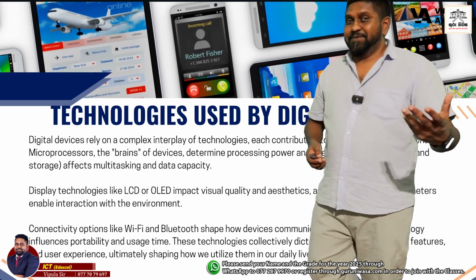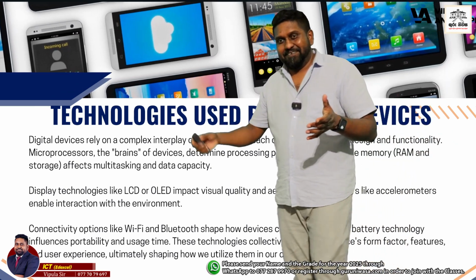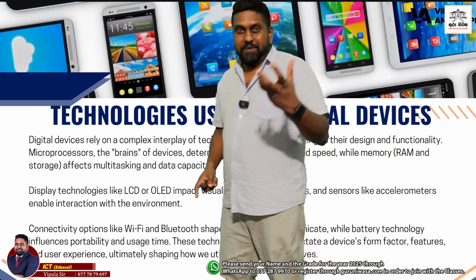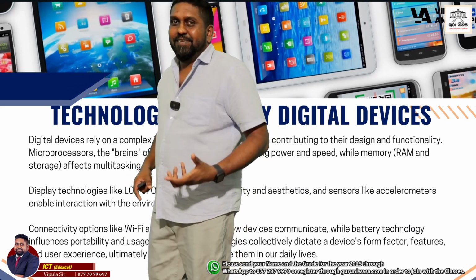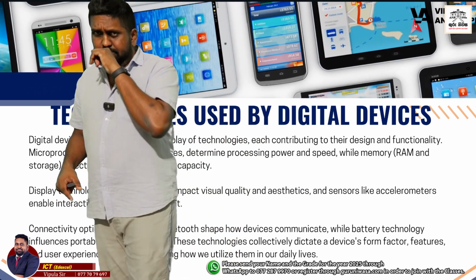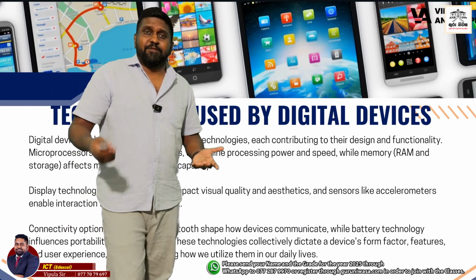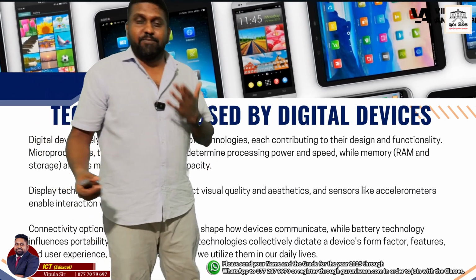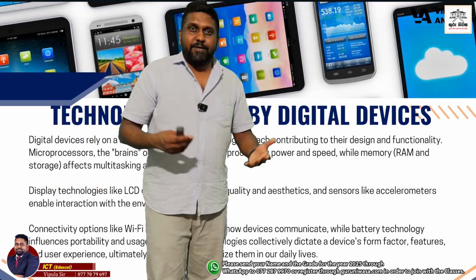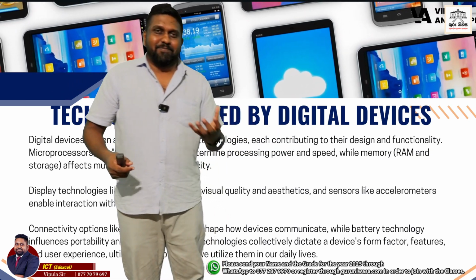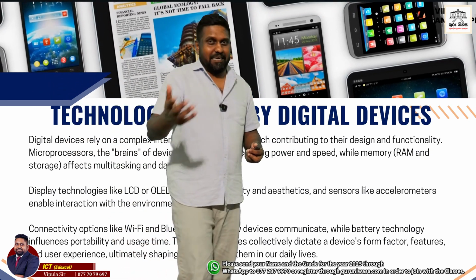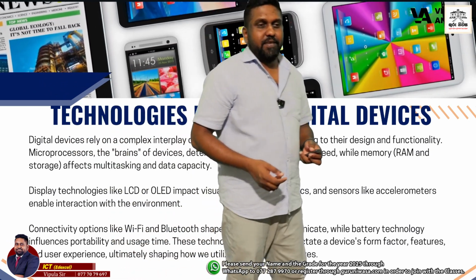You need to have a display, which is a different technology. You need a memory, a capacity to store the data, which is another technology. Nowadays the camera is also one of the most common parts in a phone, so that is also required.